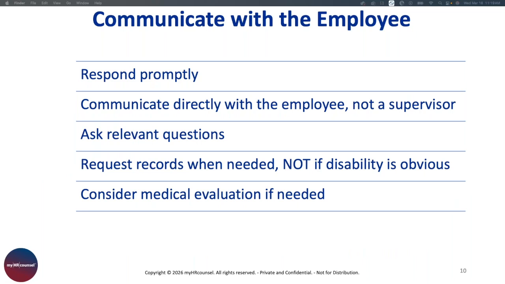You can potentially have an individual go to a healthcare provider of your choice as an employer to substantiate the disability and the need for accommodation, but you can only require that they see a specific healthcare provider under very limited circumstances. That is that the individual has provided insufficient information from their own doctor.